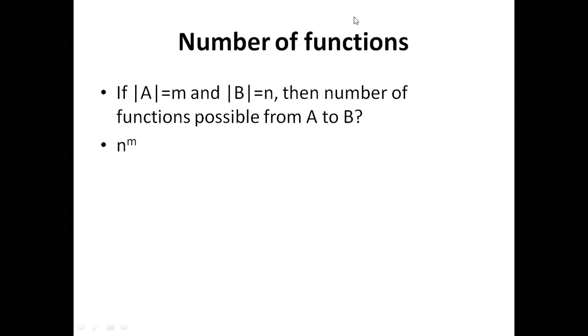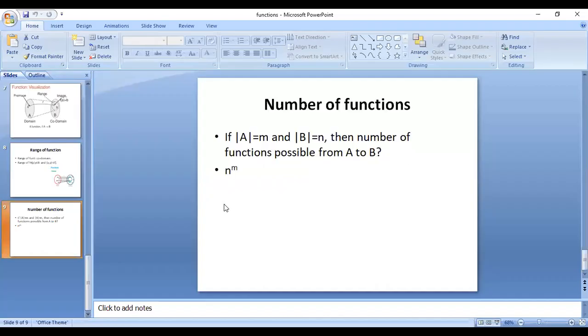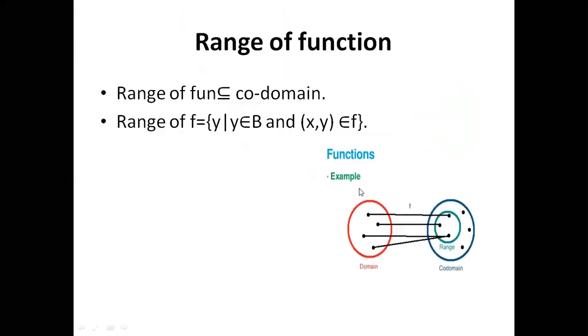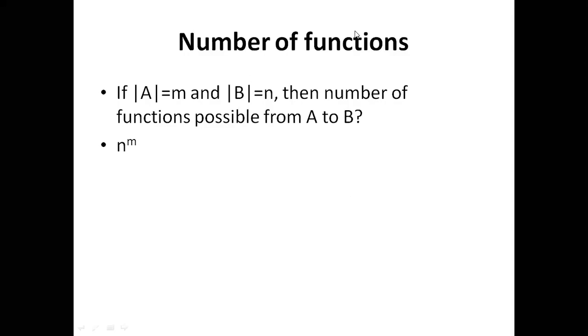Suppose we are given two sets A and B like this. A is having elements a, b and c. Another set is having elements 1 and 2.